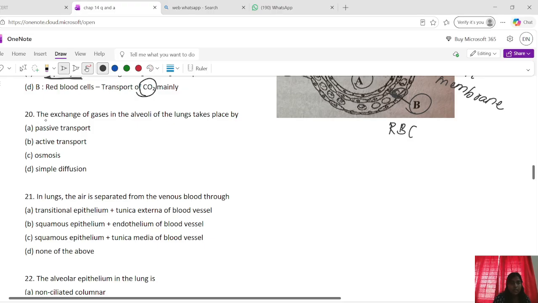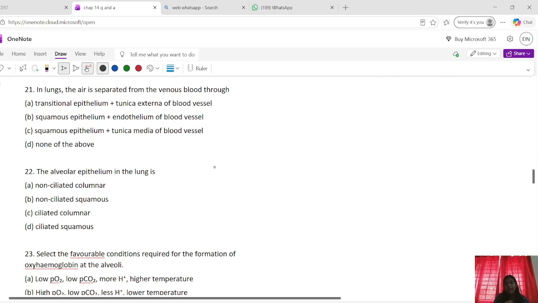Let's see the 20th question. The exchange of gases in the alveoli of the lungs takes place by simple diffusion. Expiration and inspiration are active and passive transport, and the gases in the alveoli of the lungs will exchange by the process called simple diffusion. Now let us see the 21st question.